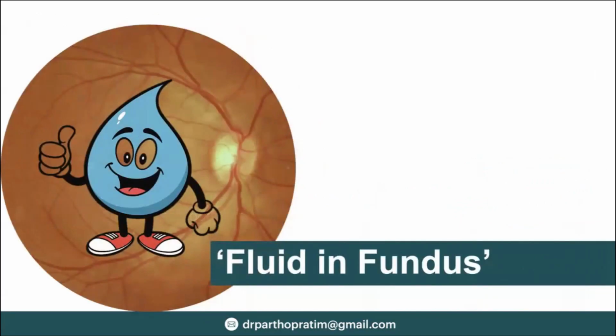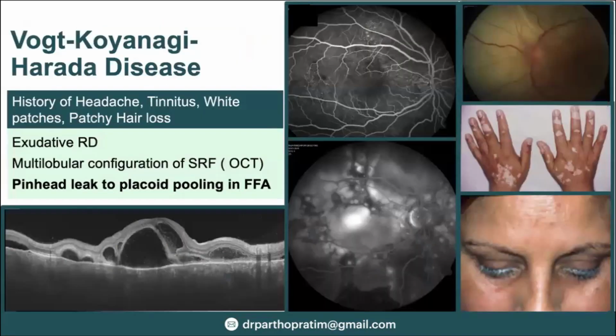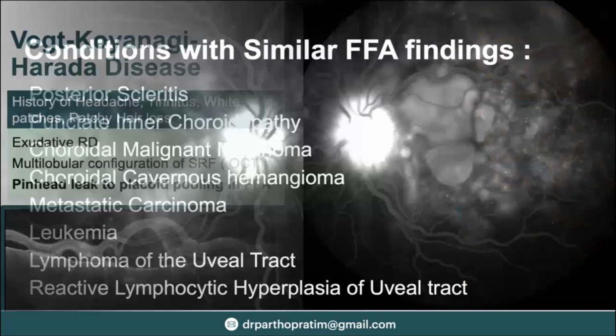Now we have come to the last part of our topic, the fluid in the fundus. The most common example I would like to give you is Vogt-Koyanagi-Harada disease. A history of headache, tinnitus, white patches, and patchy hair loss can often give us a clue to the diagnosis. It is characterized by exudative retinal detachment, multilobular configuration of the subretinal fluid, and pinhead leaks, which can show placoid pooling of the dye in fundus fluorescein angiography.